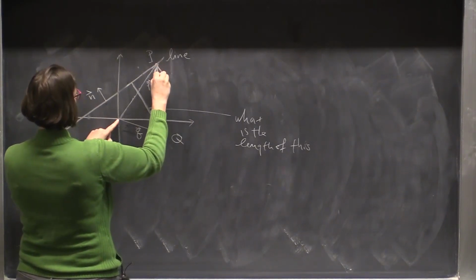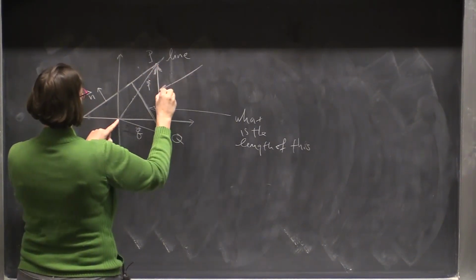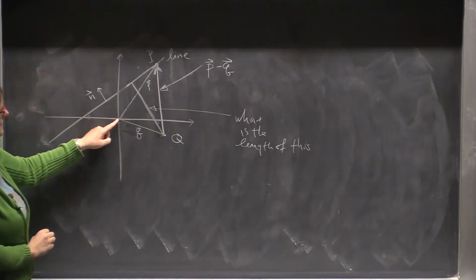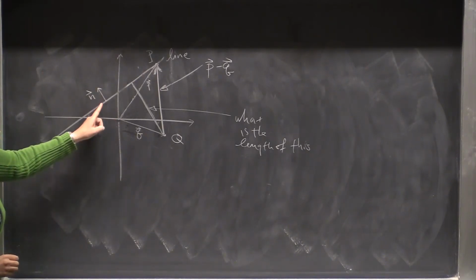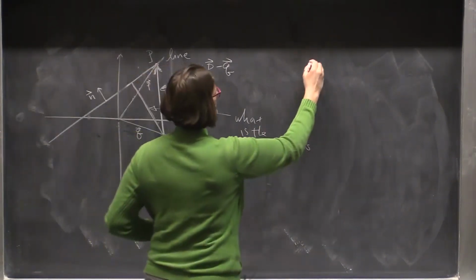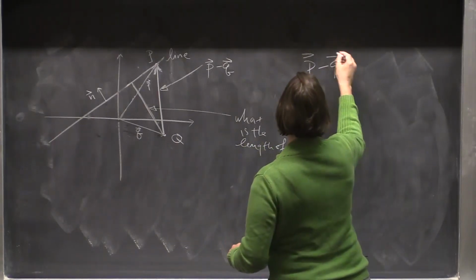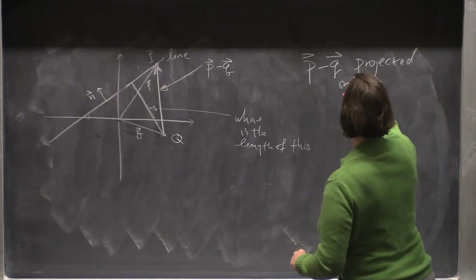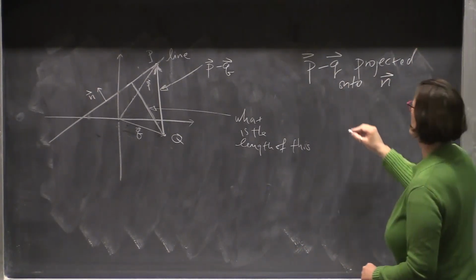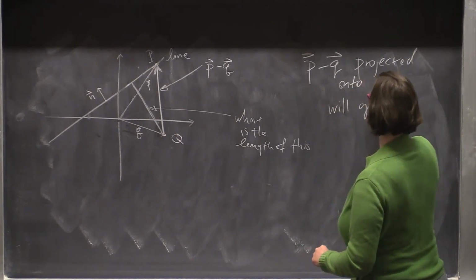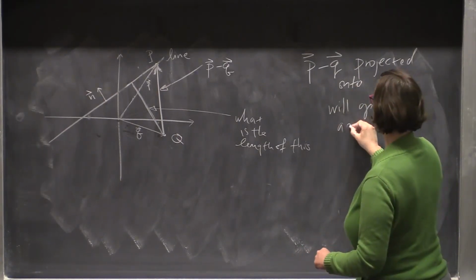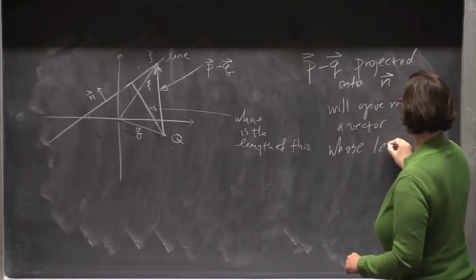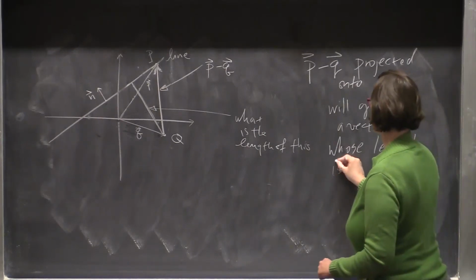So this vector, that's the vector P minus Q. If I take that vector and I project it onto the normal, P minus Q projected onto the normal will give me a vector whose length is the distance I need.